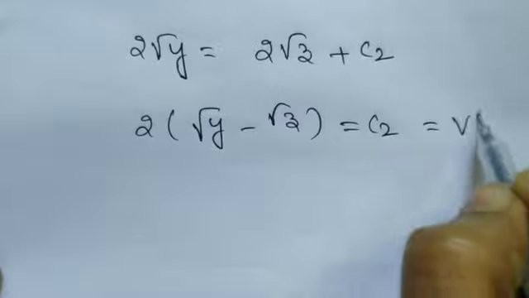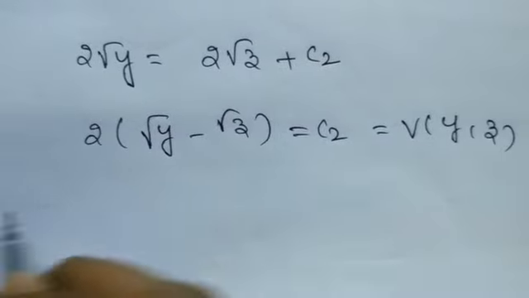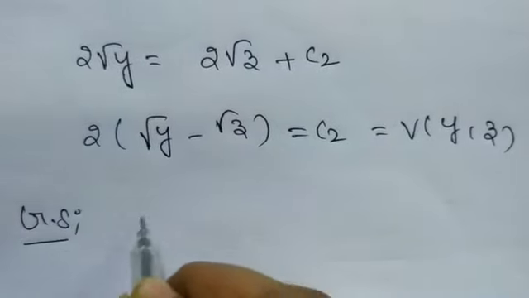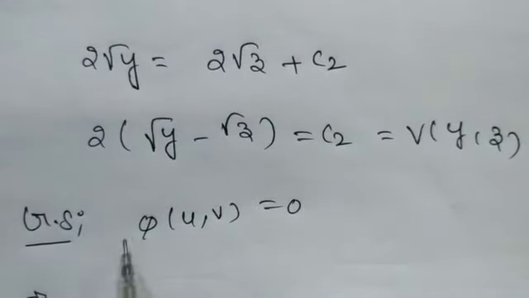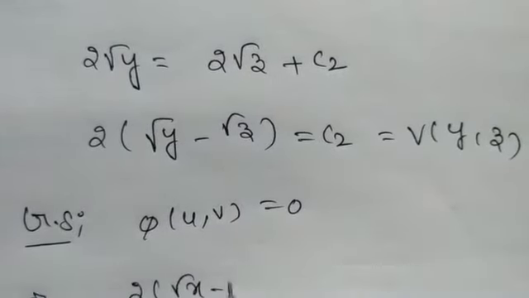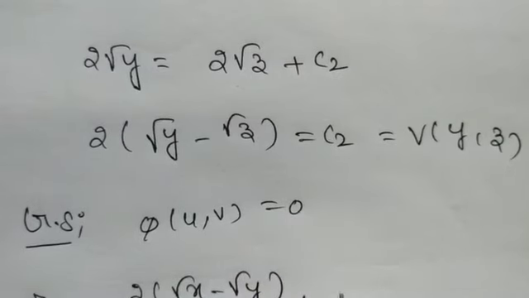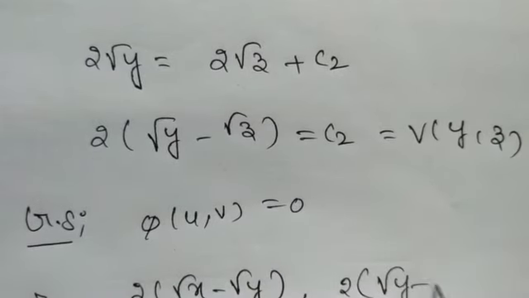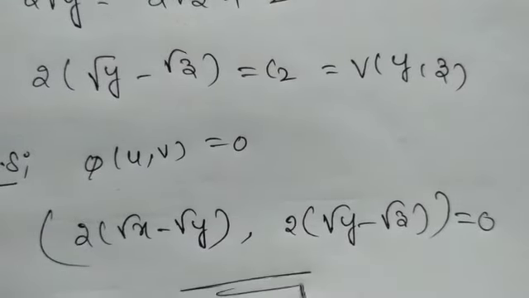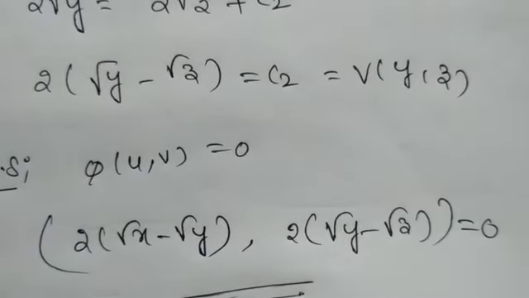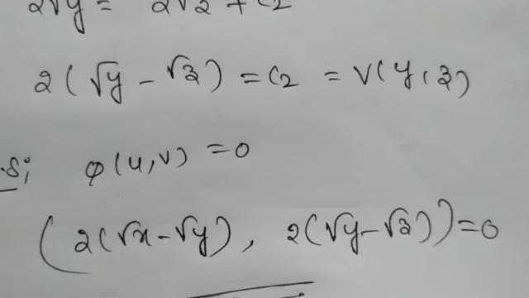This is v of y comma z. The general solution is phi of u comma v equal to 0, so phi of 2 into root x minus root y comma 2 into root y minus root z equal to 0. This is the general solution of Lagrange's linear partial differential equation of first order.